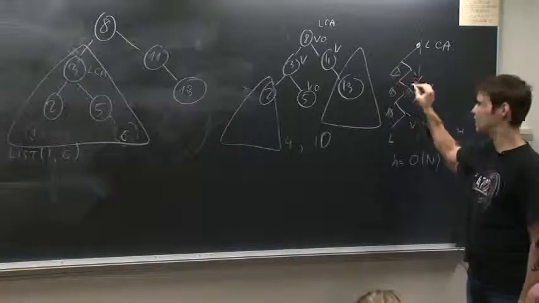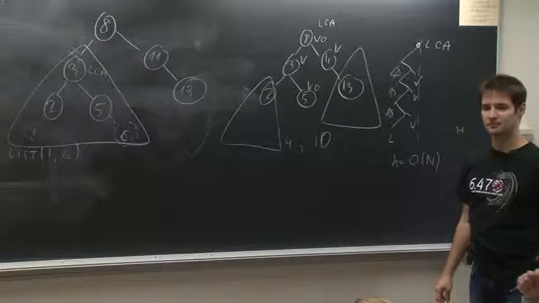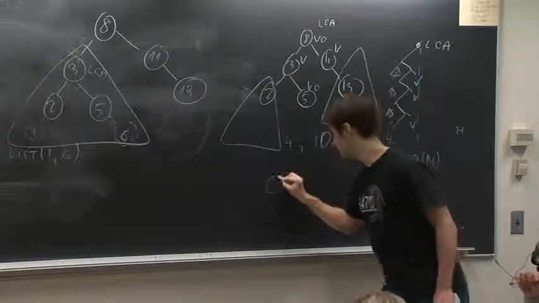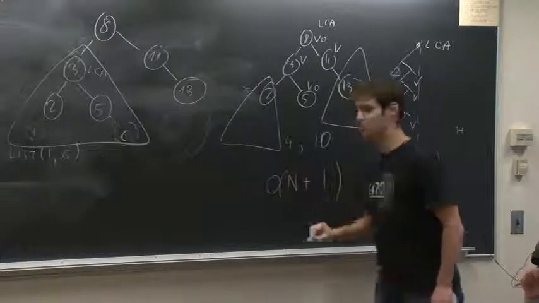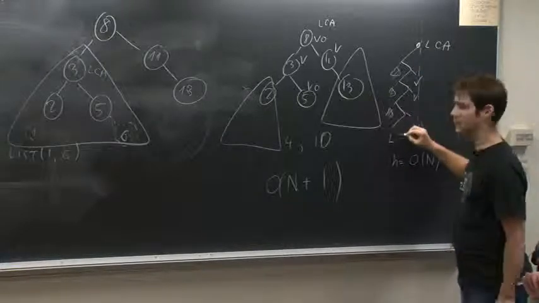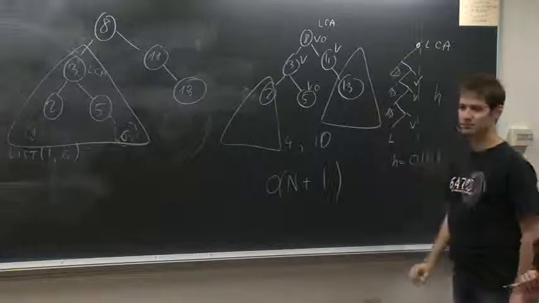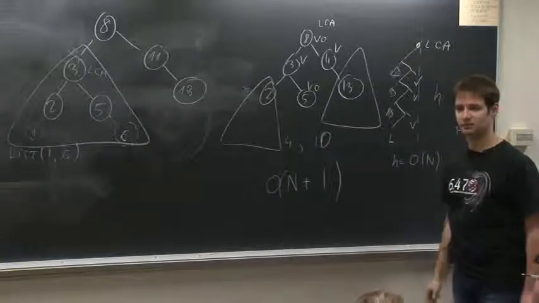If you buy this argument here, what is the running time? Okay, so you could say n plus I, and you're perfectly correct. But we can make it a bit better. So what's the height of this path? H. So what's the running time?